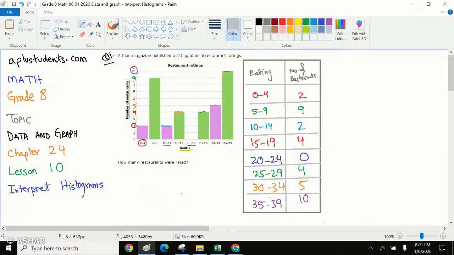So from this diagram, what we did was draw a grid. And by studying the grid, we can find the number of restaurants per rating, right? The original question was asking how many restaurants were rated altogether, right? Since this column says the number of restaurants, can we count the number of restaurants as a total?